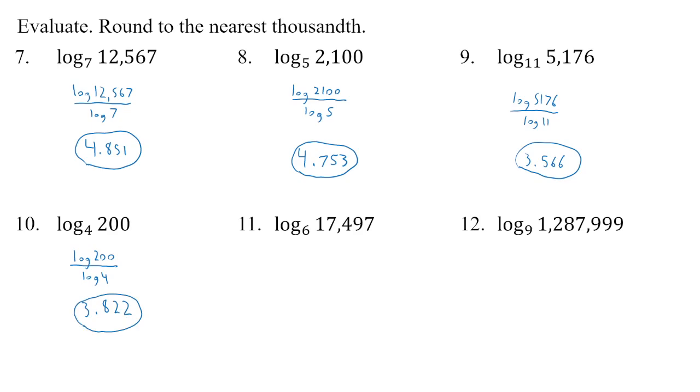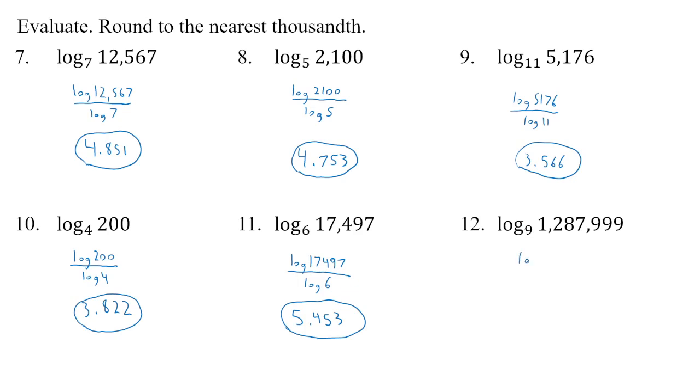Log base 6 of 17,497. So this is log of 17,497 divided by log of 6. We're going to put that in the calculator, and you get 5.453. Finally, log base 9 of 1,287,999.